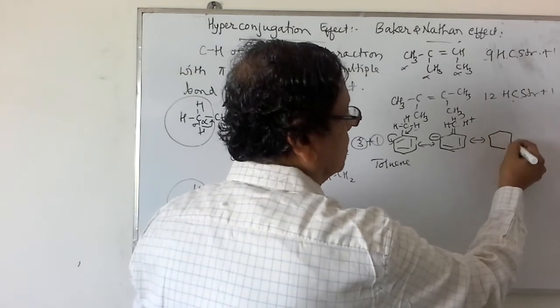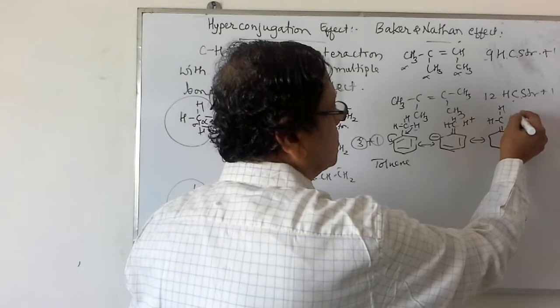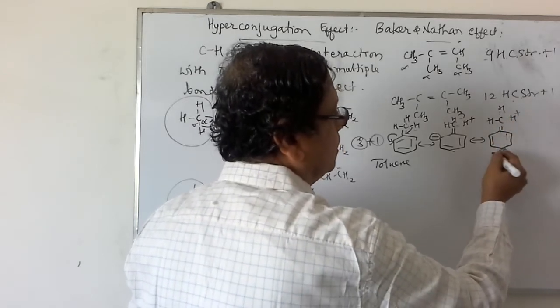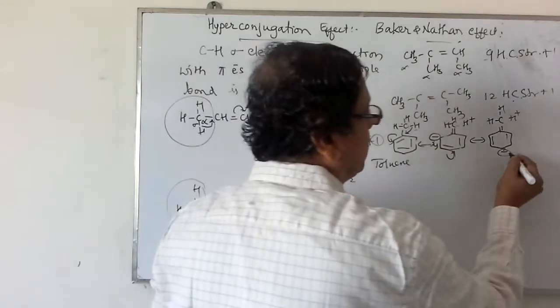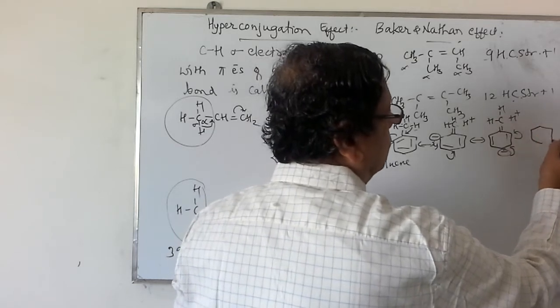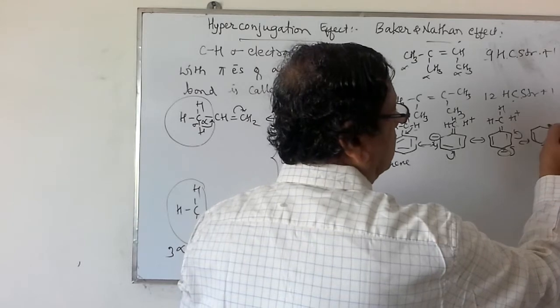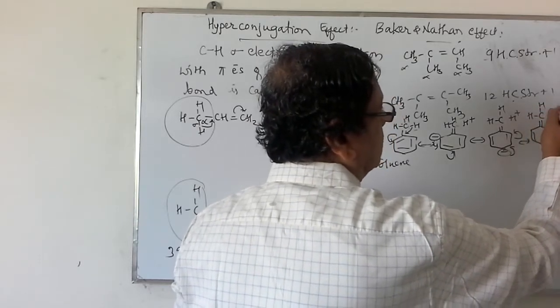So we have this double bond CH and H plus, double bond here, negative charge double bond, because of the interaction with this. So this will again undergo interaction like this to give rise to one more such structure, double bond H plus.